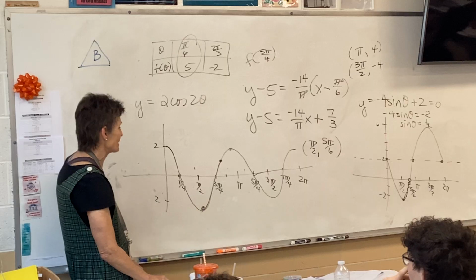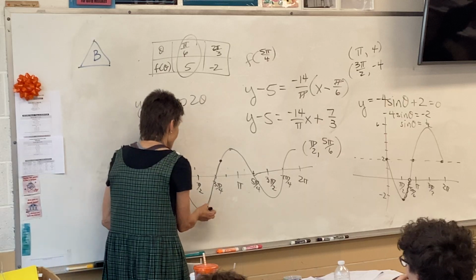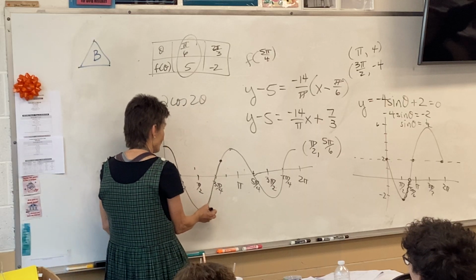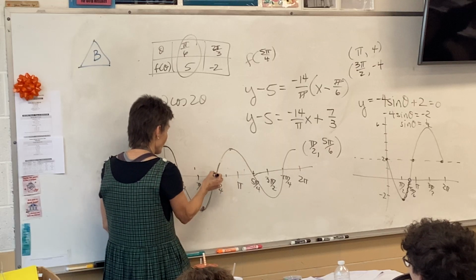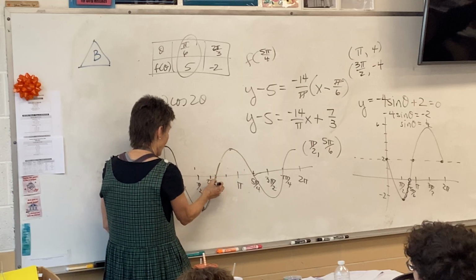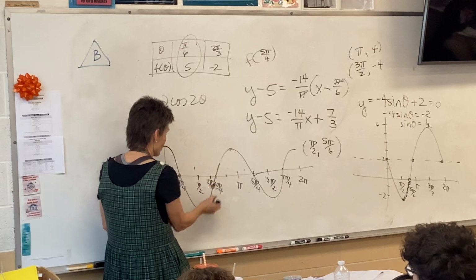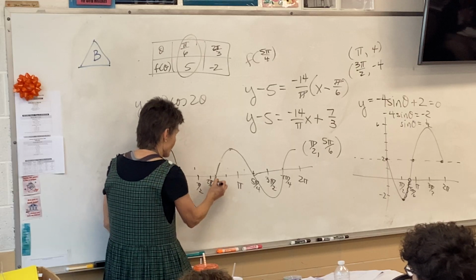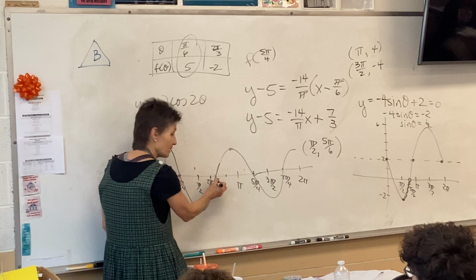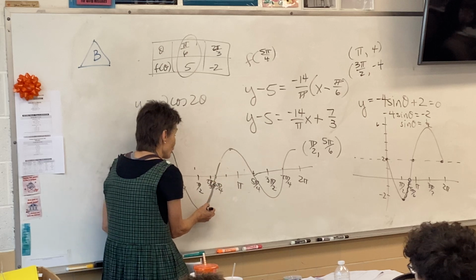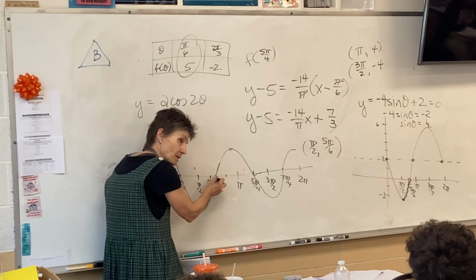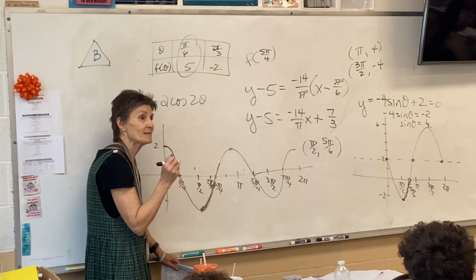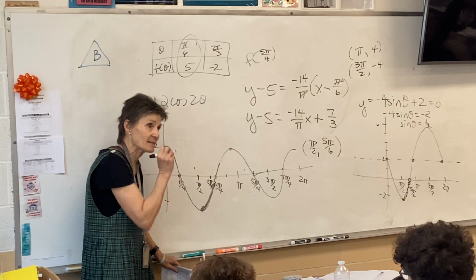Yeah, that problem's messed up too. Because that interval from pi over 2 to 2 pi over 3, oh wait, no. 2 pi over 3 is here, isn't it? Yeah. So no, this problem actually works. So this interval right here is the one I'm looking at, Declan. So the curve itself is increasing. But what is happening to the distance to the x-axis?